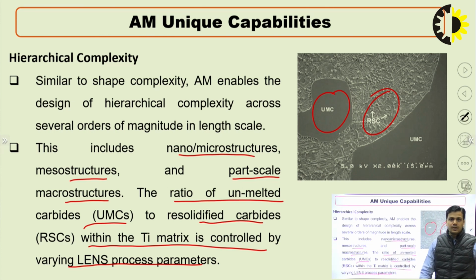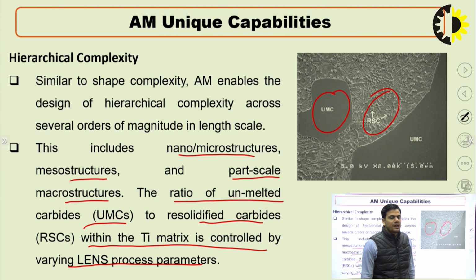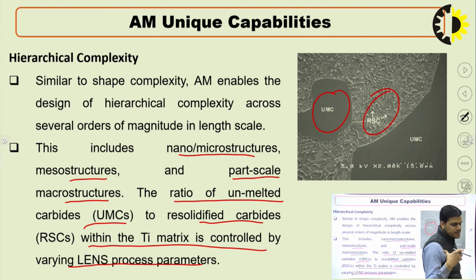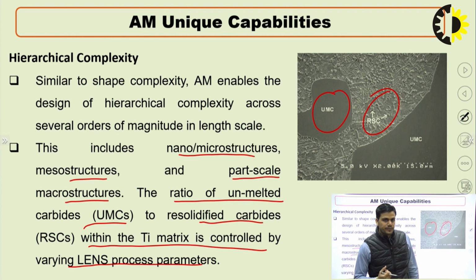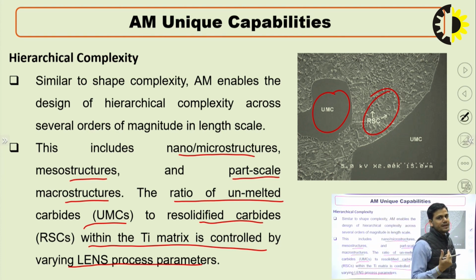So you can change that microstructure by using the process parameters of additive manufacturing, because using the laser power or the scan speed, the energy density can be controlled. If you control that energy density, your microstructure will change, and you can do that in a part only. That is not possible by any other process.